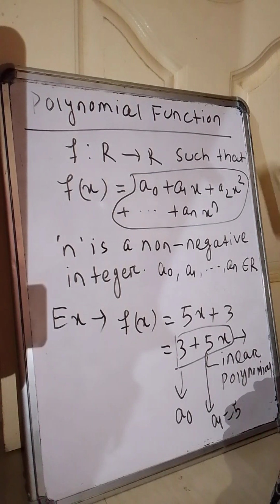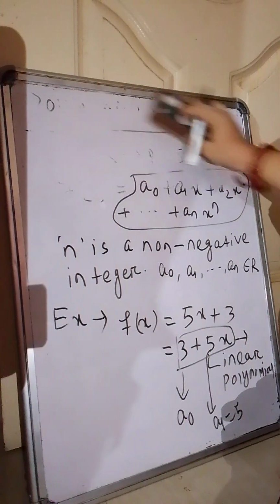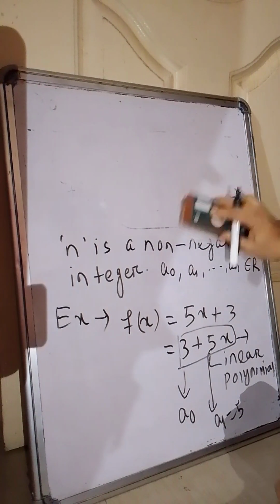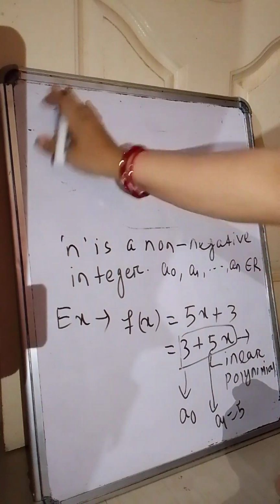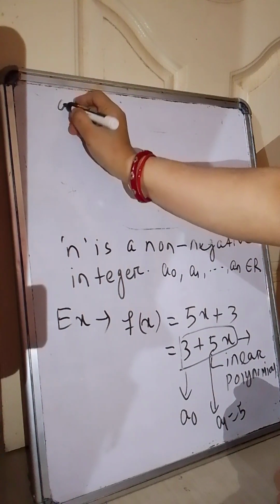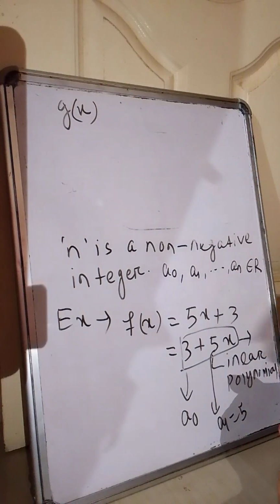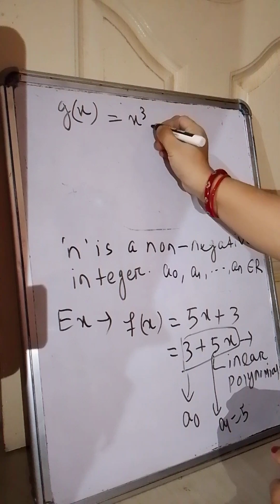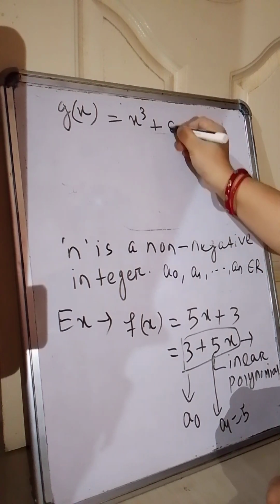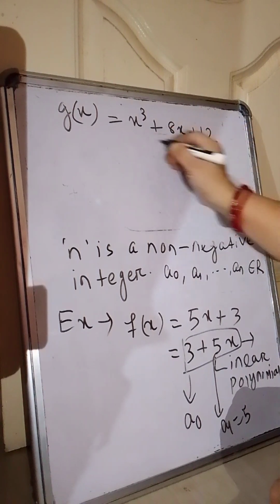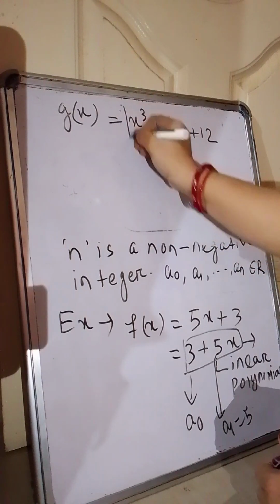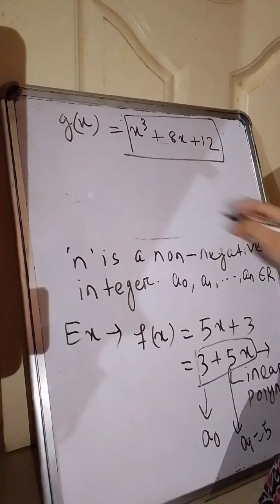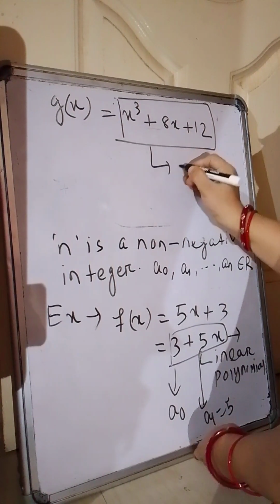Then similarly you can give more examples. Suppose another function g of x equals x cube plus 8x plus 12. Now you see this is a cubic polynomial because the degree of the polynomial is 3.